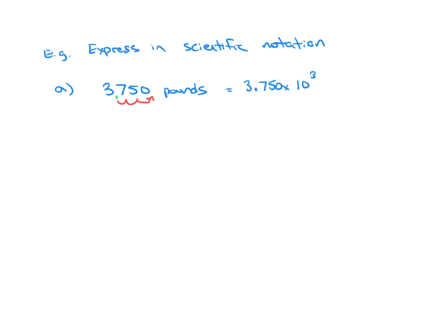Basically, I write the number after I've put the decimal point in, and then I write multiplied by whatever the power of 10 is. Now I don't need to write that last 0 in there because it doesn't change the value of the number. So I'm just going to write it as 3.75 times 10 to the exponent 3. Okay, that's how you do scientific notation.